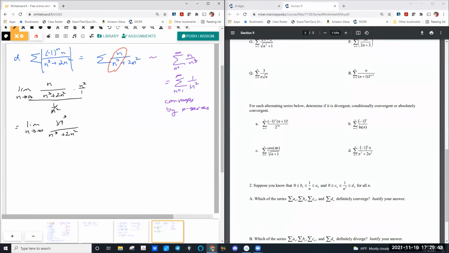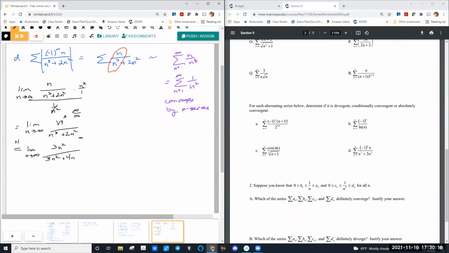Now, again, we could do this saying, hey, horizontal asymptote of rational expressions tells us this is going to be 1. But if we wanted to, we could also use L'Hopital's because we've got an infinity over infinity case. This is more of a refresher. Again, you wouldn't need this one on this particular problem, but take the derivative of the top and the bottom. So 3n squared over 3n squared plus 4n.